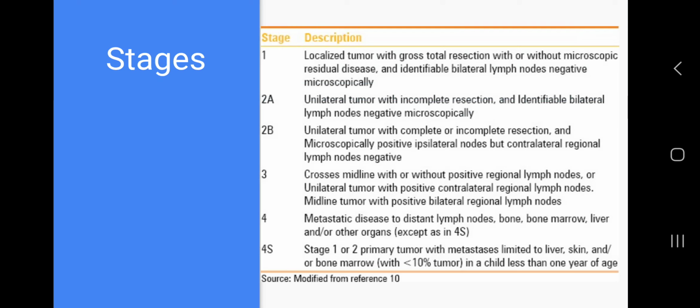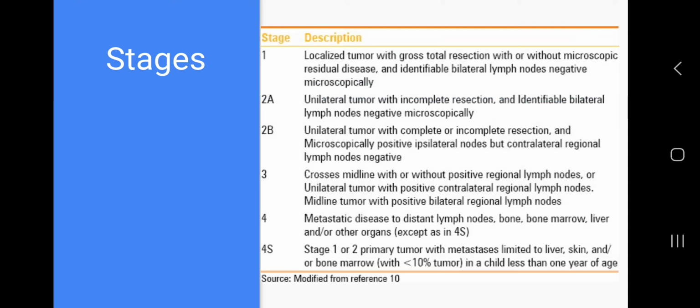4, you're looking at metastases or metastatic disease to distant lymph nodes, bone marrow, liver, and other organs, except as in 4S. So 4S is a stage 1 or stage 2 primary tumor.